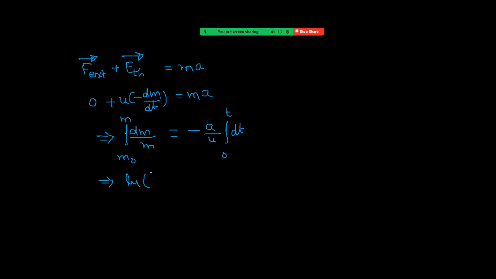It is ln m by m naught equal to minus a t by u. Take antilog on both sides. Then m equal to m naught e power minus a t by u. Right. So it is just substituting values in this. No external force, so it is zero. Thrust force: u relative into minus dm by dt equal to ma. Given a value constant. Okay. Right. See the next one.